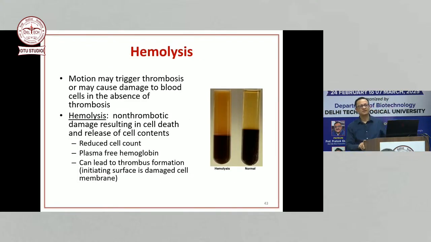Okay, so another thing, when we work with surfaces, because a little bit we are going to start going into biomaterials and medical devices and clot formation, another thing to keep in mind is hemolysis, which is basically rupturing of red blood cells.